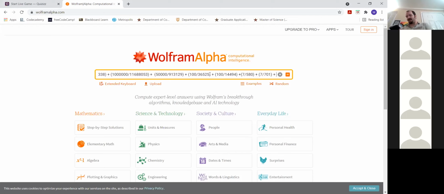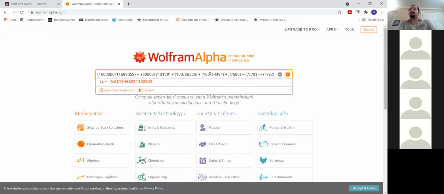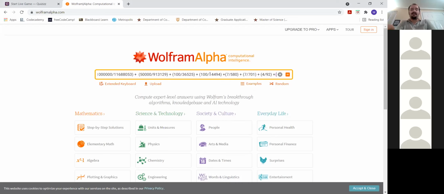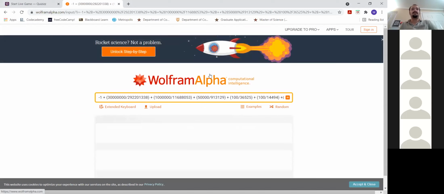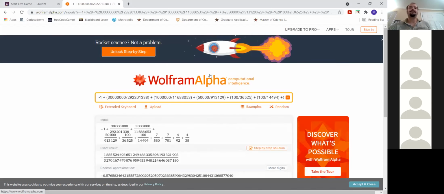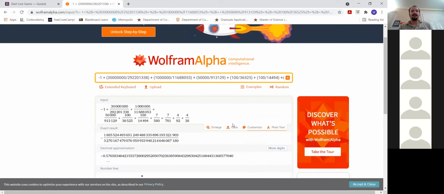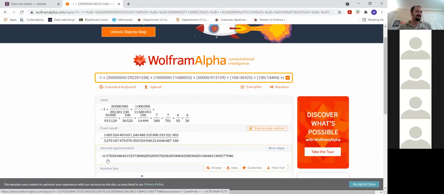I could win a $4 prize, and there's a 1 in 92 chance. Or I could get a $4 prize, and there is a 1 in 38 chance of getting it. And so I add these all together. It should give me minus 0.576, rounded up to 0.58.